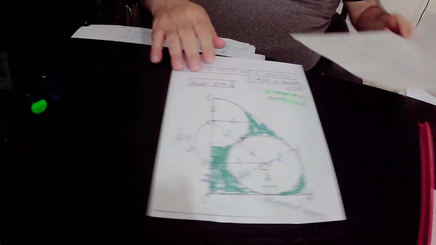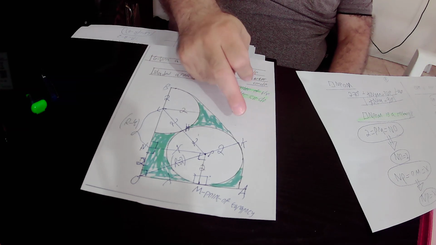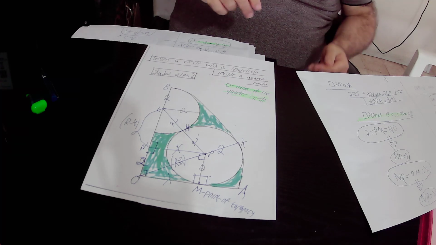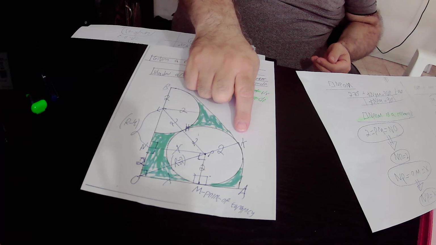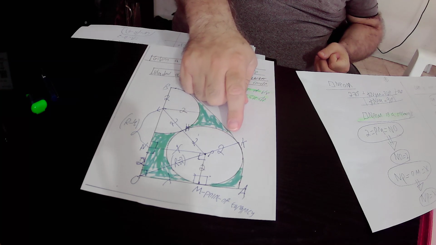Then we focus on this point that is the touching point between the circle and the quarter circle. As I've already mentioned before, this touching point is defined as an internal tangency between the circle and the quarter circle.